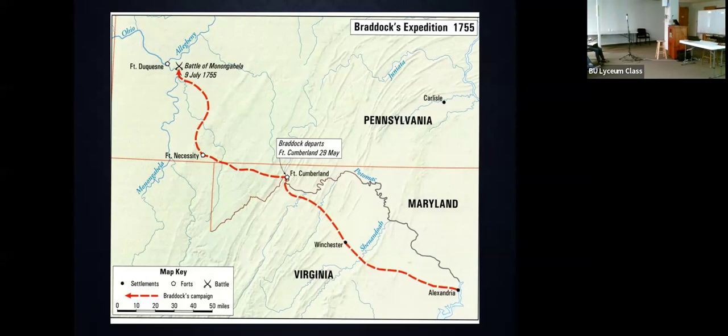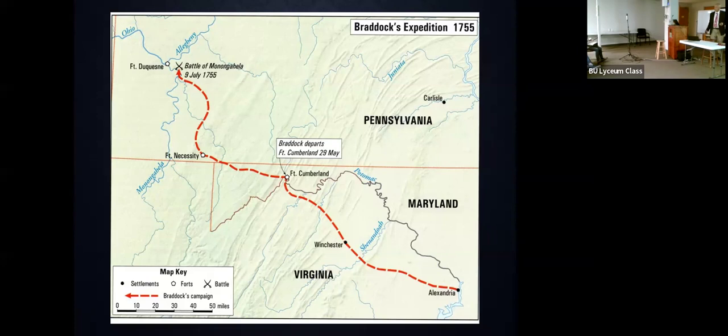So Braddock now is putting together a major force with wagons and artillery, because he's going to go up to Fort Duquesne and he has to subdue it. And the French have been increasing its defensive structure, so you need artillery to take that down. That means he has to cut a road.